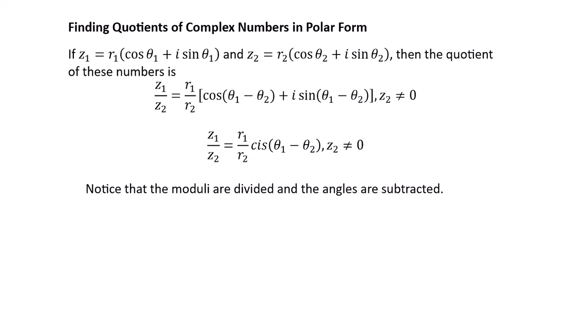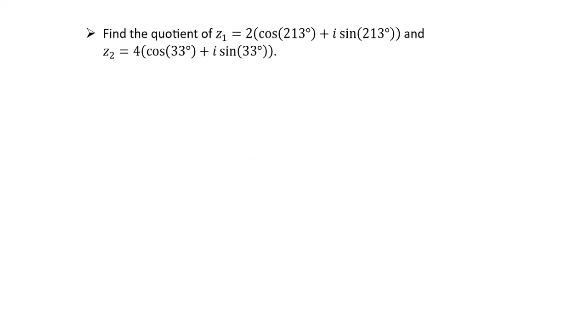The alternate way to write this is r sub 1 over r sub 2 cis theta sub 1 minus theta sub 2. Notice for quotients that the moduli are divided and the angles are subtracted.